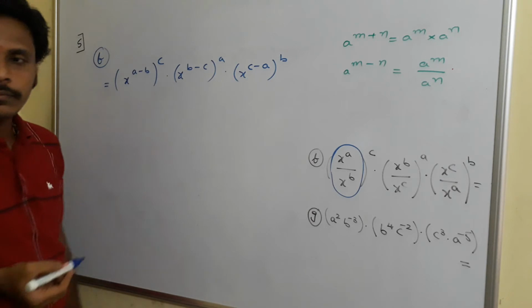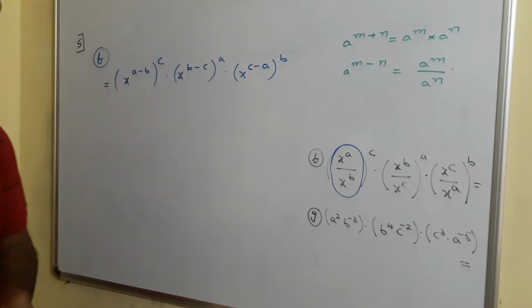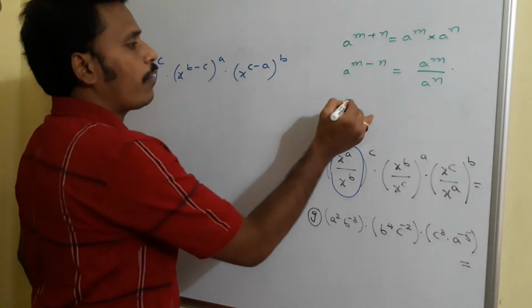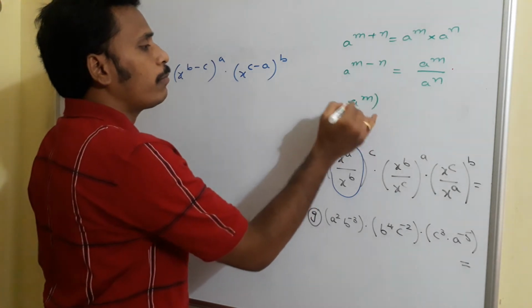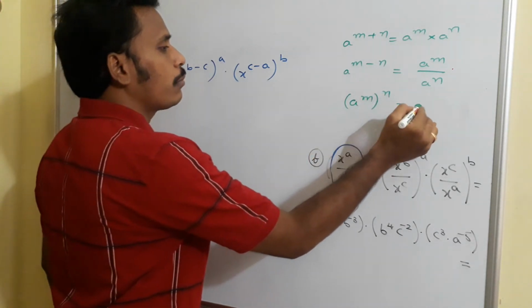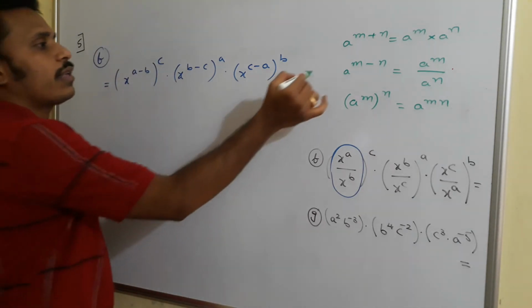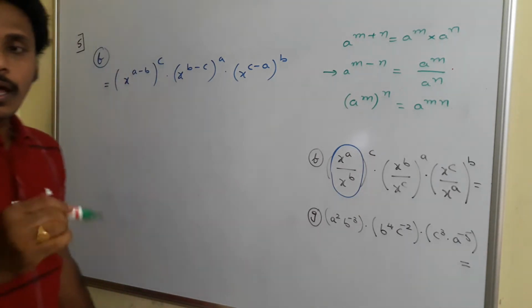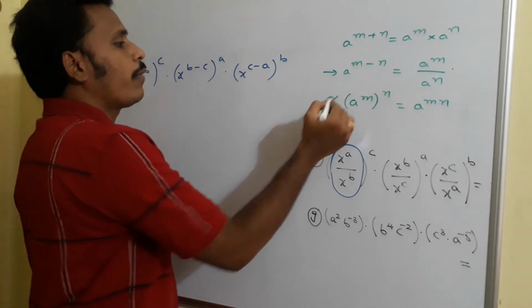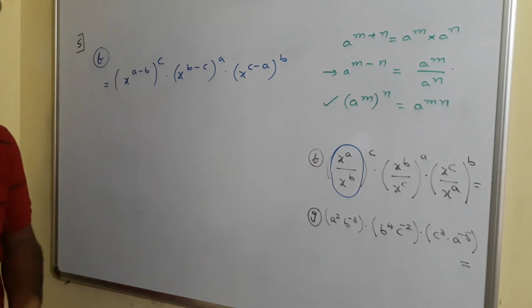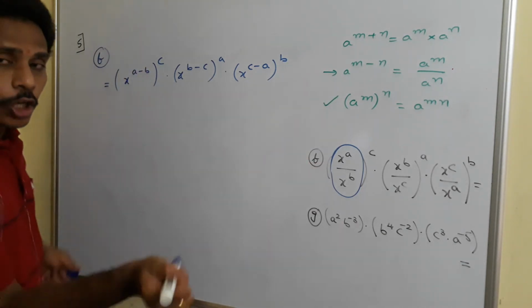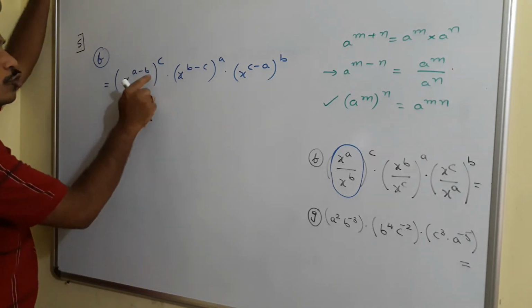Okay, and then you need to use another law of exponent. We have different laws. A power m to the power n, which is nothing but a power mn, right? First I used this second law, a power m minus n. Now I am going to use this law, a power m to the power n is a power mn. With that particular law, I need to multiply these two, right?